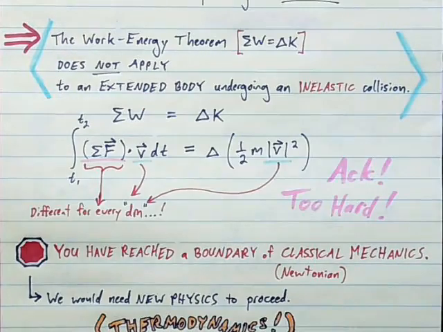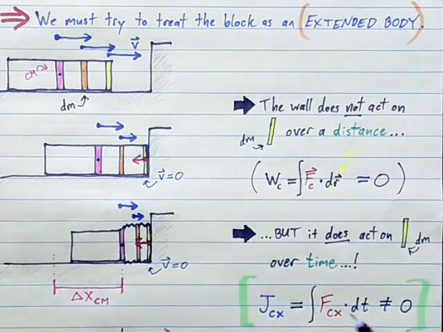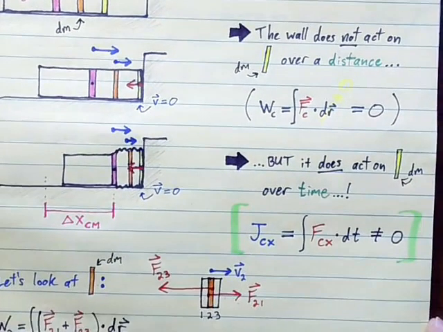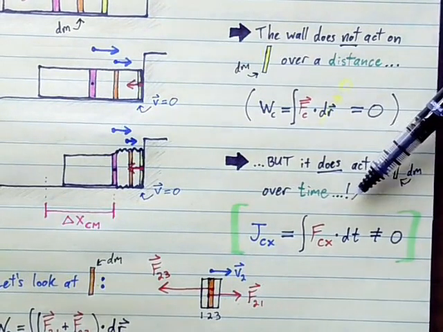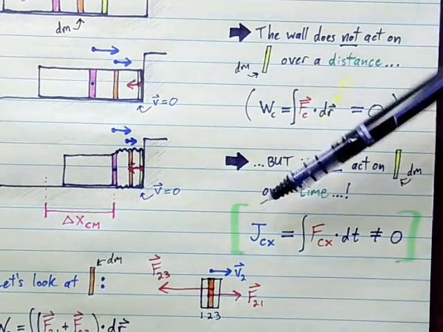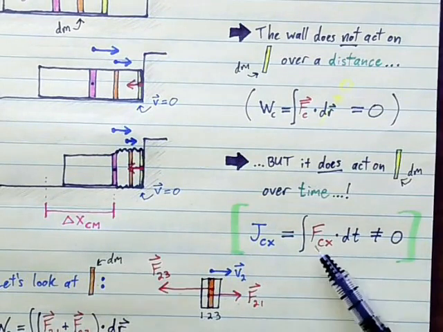So we seem to have reached a cliff, a metaphorical cliff, in our ability to analyze the physics of this scenario. But there is a way to save ourselves. And we already had a hint of it right here when we thought about the impulse imparted to the block by the wall.